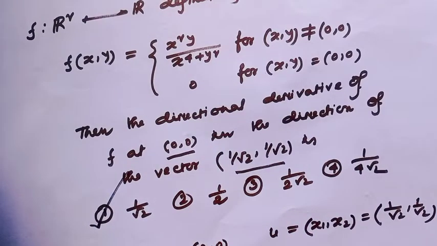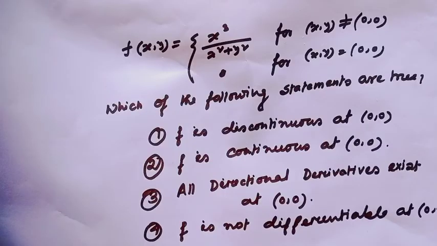Okay, well, now I will see one question which had come in CSIR NET 2021. The question is f(x, y) equals x cubed over x squared plus y squared, and this value is for (x, y) not equal to (0, 0), otherwise the value is 0 when (x, y) equals (0, 0).